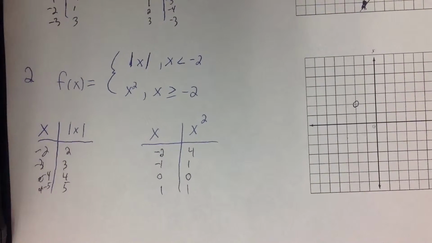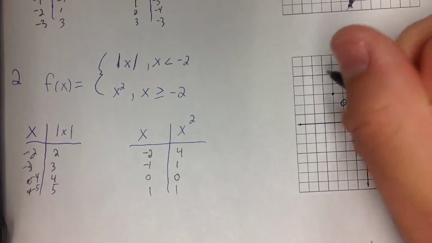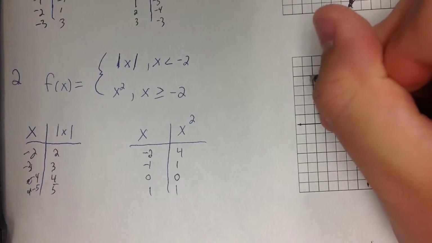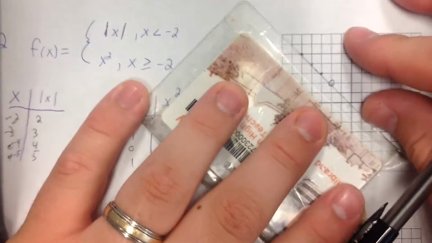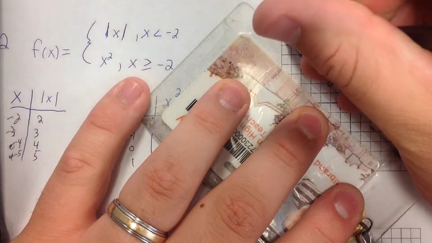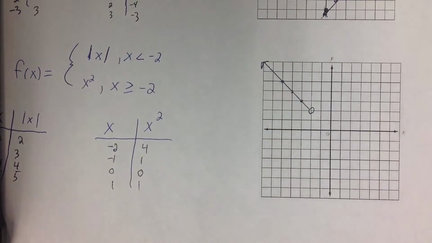Then I've got negative 3, 3, negative 4, 4, and negative 5, 5. So I've got that line.